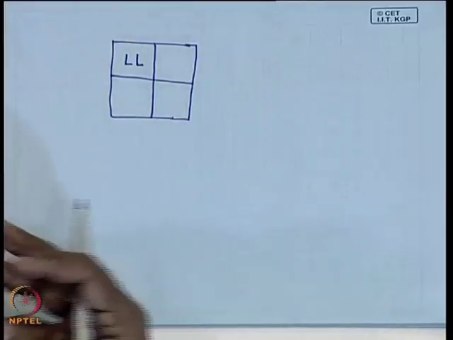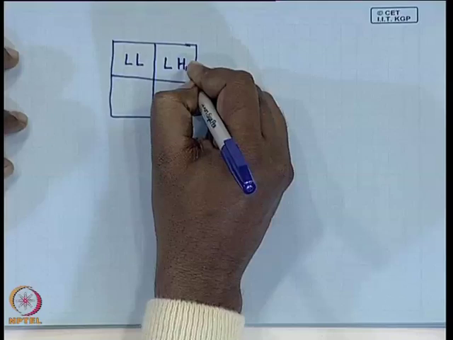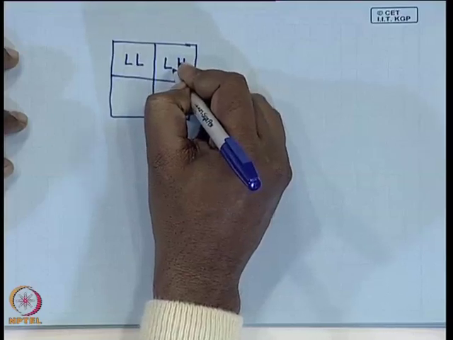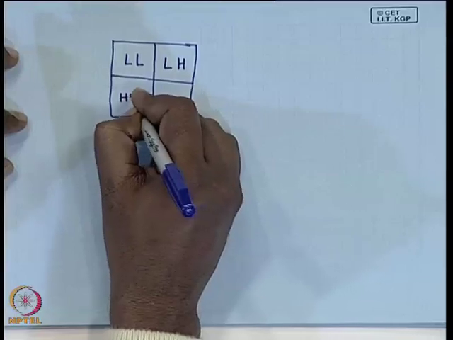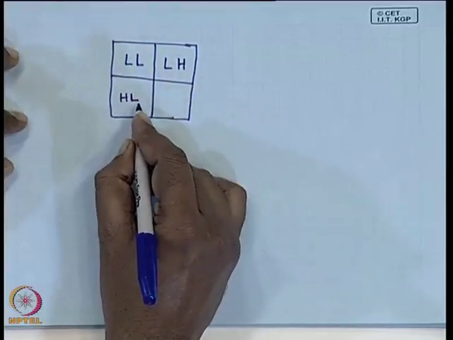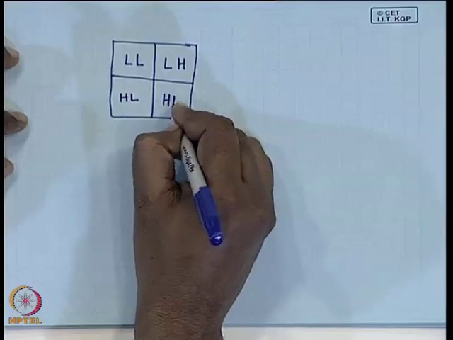This is nothing but a reduced resolution version of the same image. Over here I can put the subband which is high pass filtered horizontally and low pass filtered vertically. Here I can put the subband which is low pass filtered horizontally and high pass filtered vertically, and here I put the H H band.